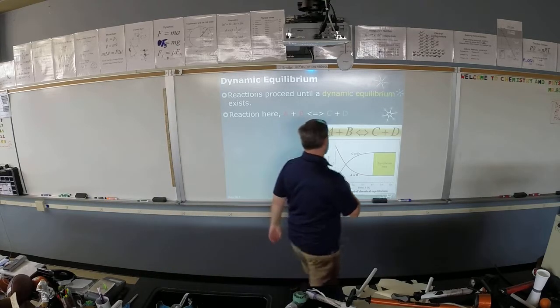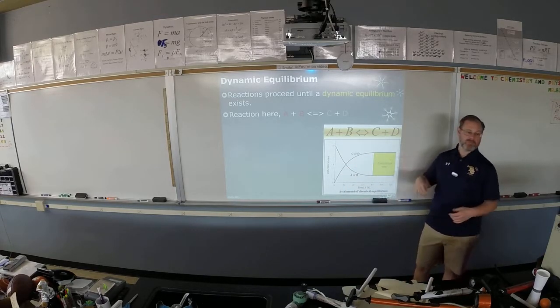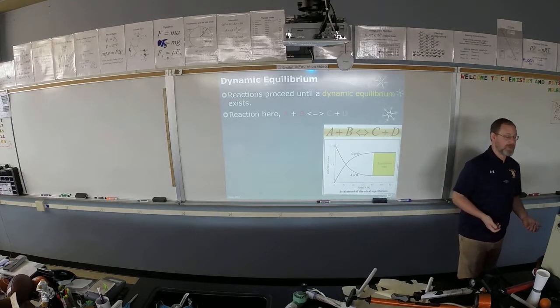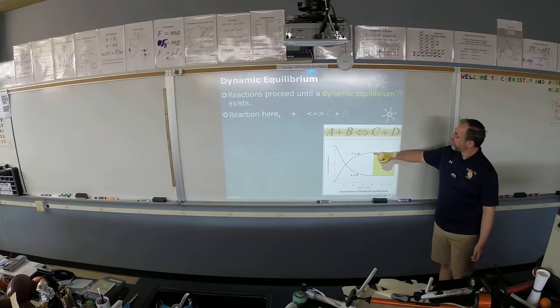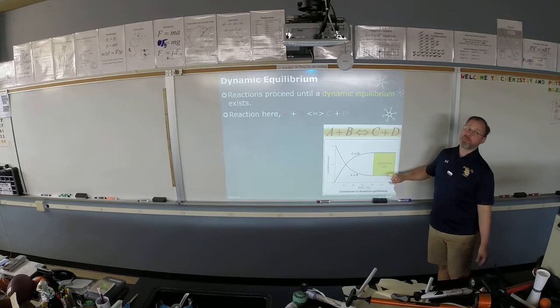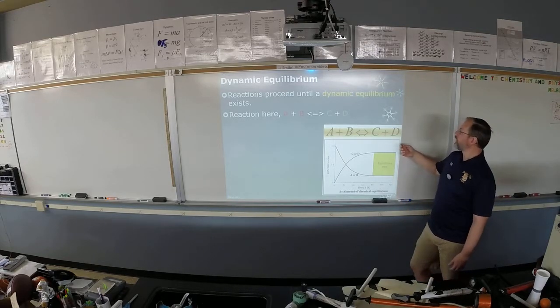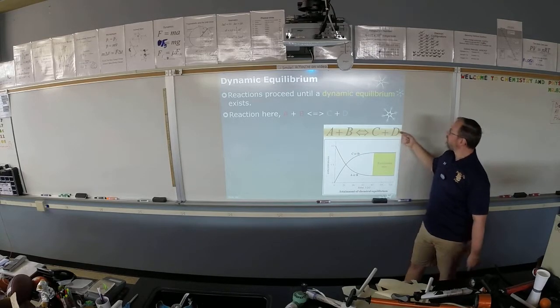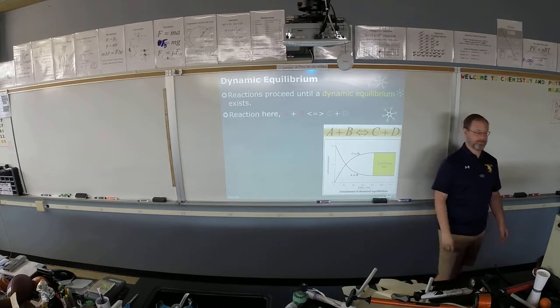So the rate that A and B is getting used up is equal to the rate that C and D is getting made, which is pretty handy. And then they enter equilibrium. At equilibrium, the rate that C and D is being made and A and B is being made back are the same. So the forward reaction, A and B becoming C and D, is the same as the rate of C and D becoming A and B.